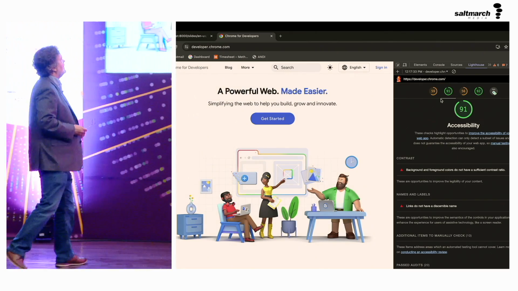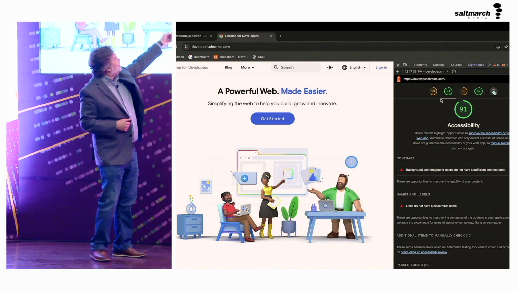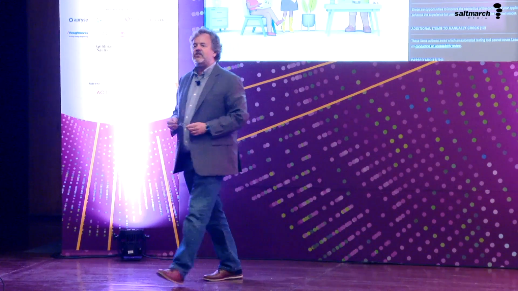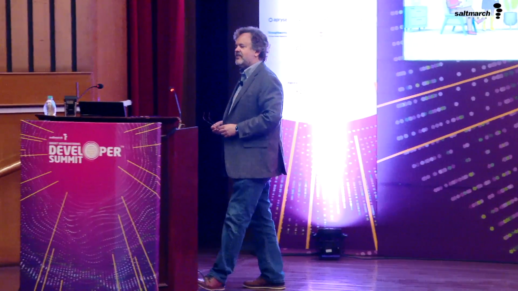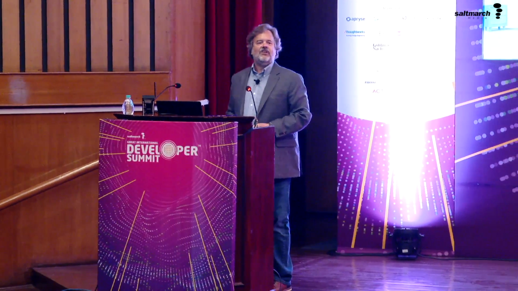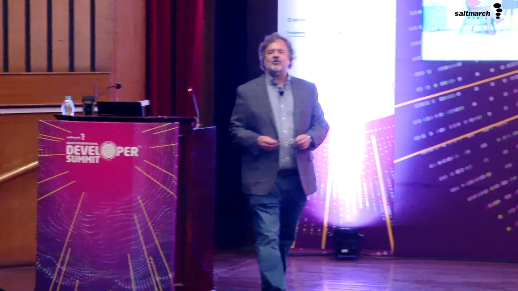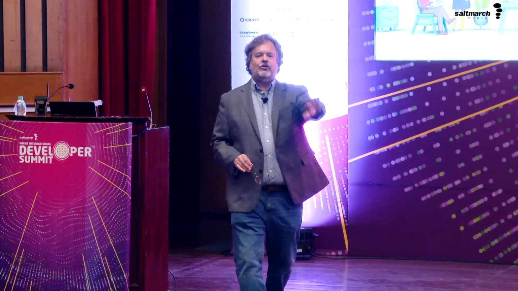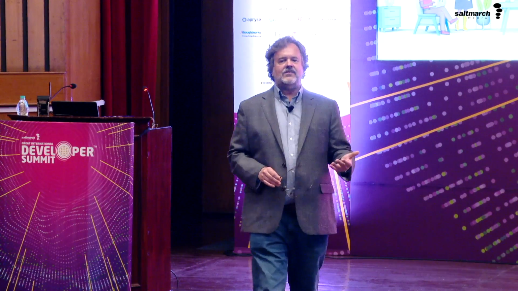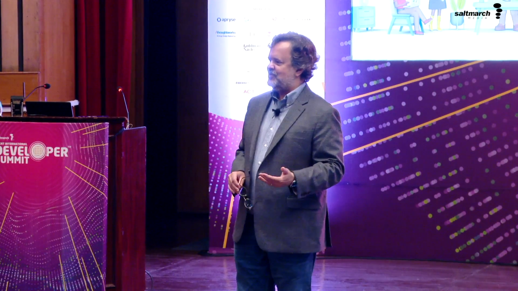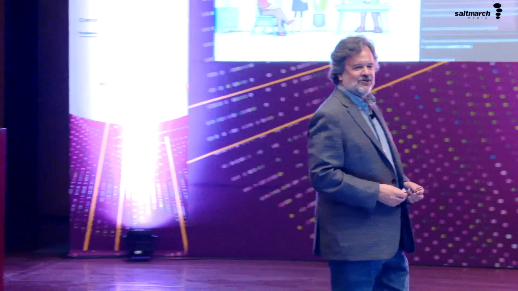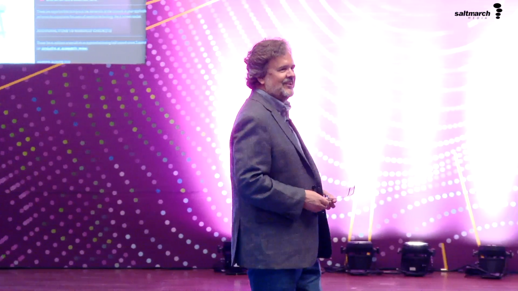And in accessibility, they say, hey, your background and foreground colors don't have a sufficient contrast ratio. I think as web developers, we like writing a little code, hitting refresh, and saying, looks good to me. Is that how you do development? Refresh, looks good to me. Refresh, looks good to me.